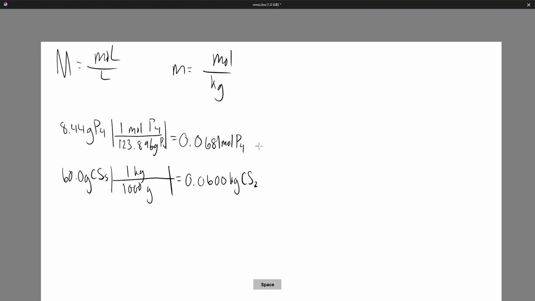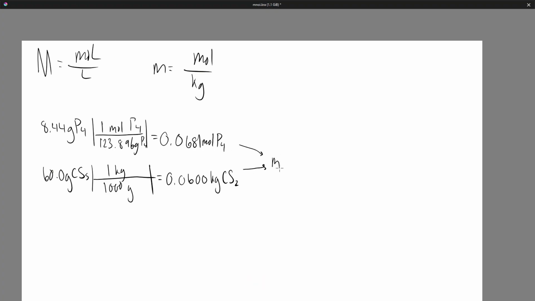Okay, so combining these two, we want to solve for molality. Like above says, molality is moles of solute, which is moles of our phosphorus, divided by the kilograms of our solvent, which is the kilograms of our carbon disulfide.